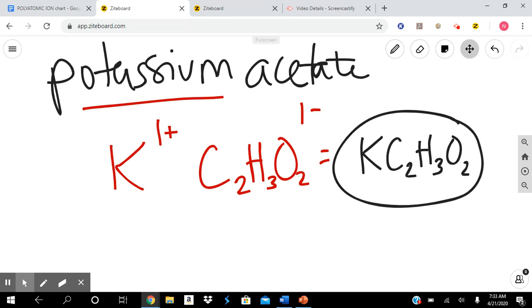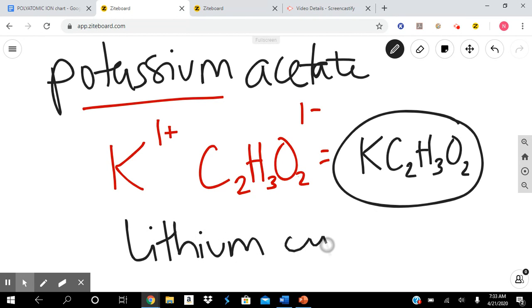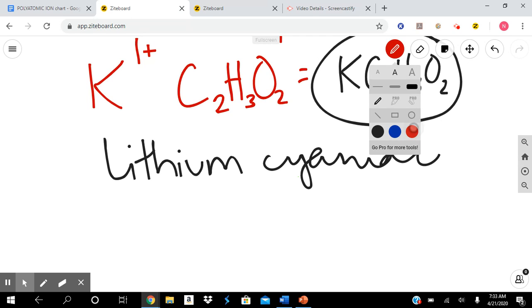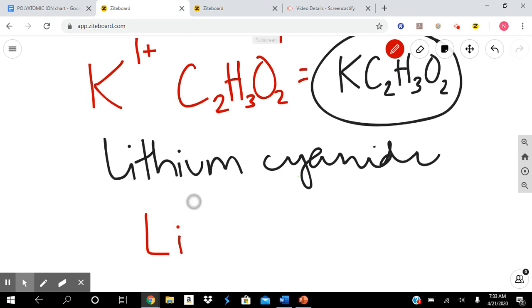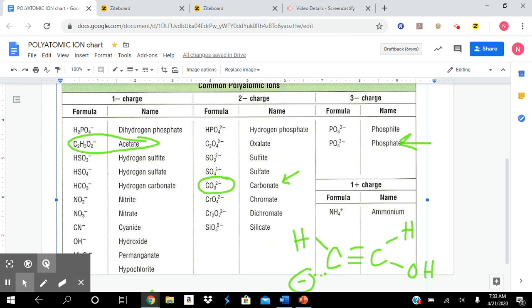Our last one that you had yesterday was lithium cyanide. All right, so lithium is found in group 1. And cyanide, even though it ends in ide, there's no element that is cyanide. So cyanide is right here on this chart.